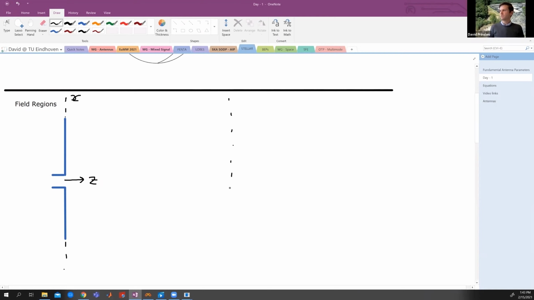At a certain point, the fields move away from the radiating near field into a region which is the radiating far field.